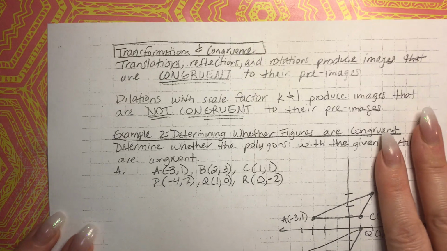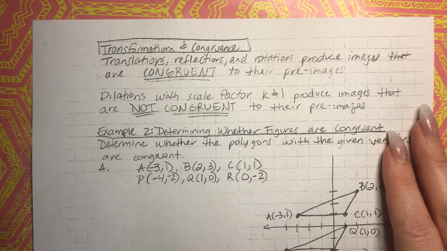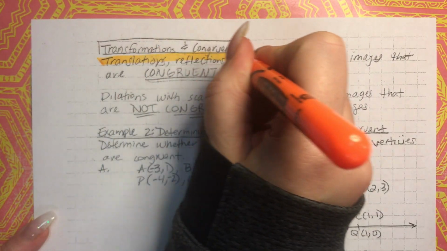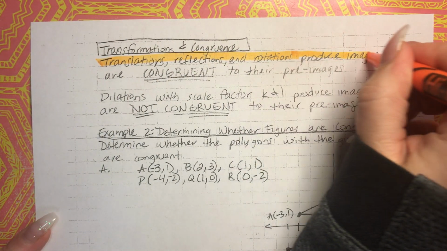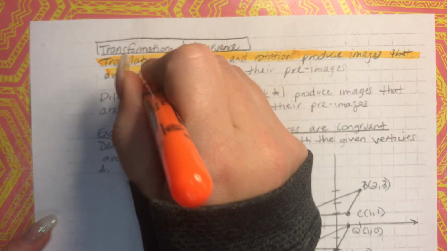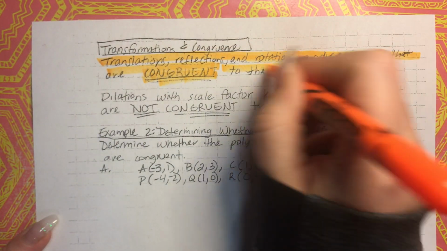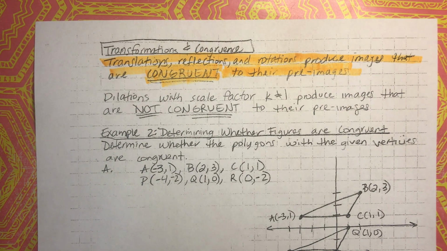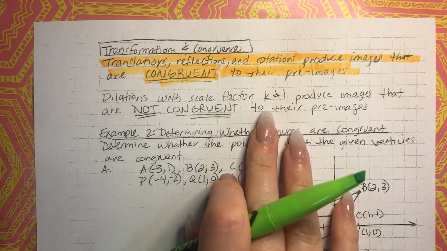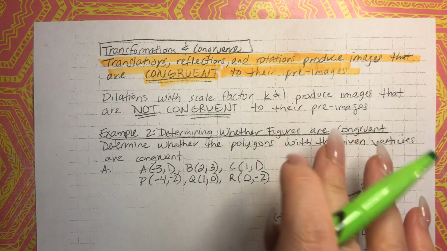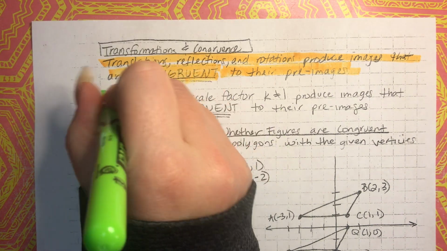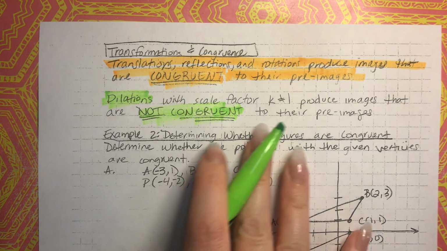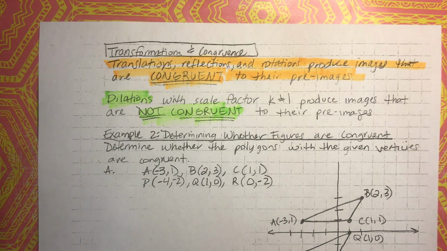So, this states that translations, reflections, and rotations produce images that are congruent, woohoo, to their pre-image, okay? However, dilations with scale factor not equal to 1 produce images that are not congruent to their pre-images. So let's look at some examples.